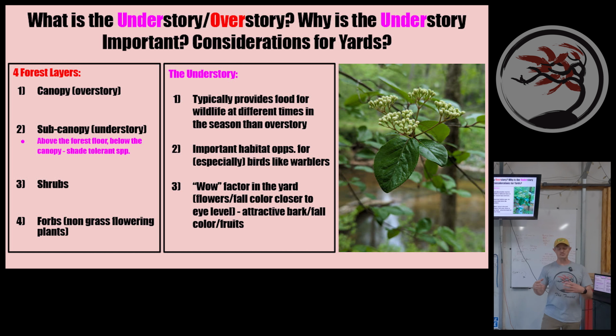And then also, if someone doesn't really care about that, we might make the argument that the understory trees bring some of the aesthetic values of plants to eye level. So they're going to be some of the showier flowers. Tulip poplar flowers you're most likely going to see on your car if you park underneath one. I had a couple on my window this morning, or on the ground. Oaks don't really produce showy flowers.